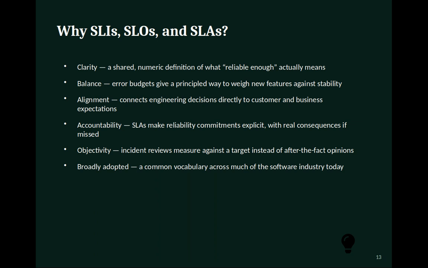Accountability: SLAs make reliability commitments explicit with real consequences if missed. Objectivity: incident reviews measure against a target instead of after the fact opinions. Broadly adopted: a common vocabulary across much of the software industry today.